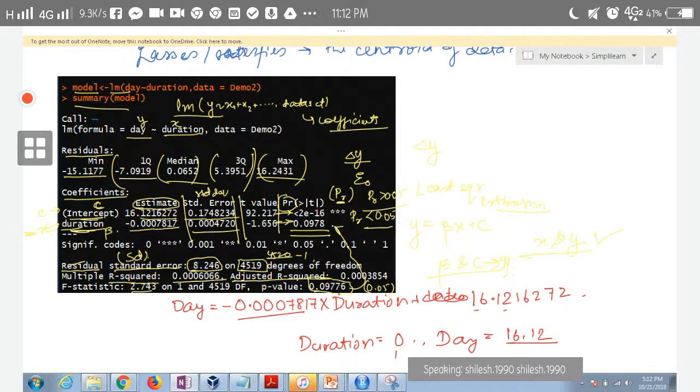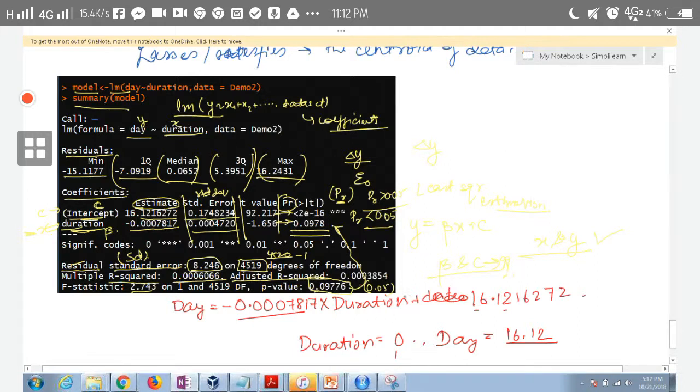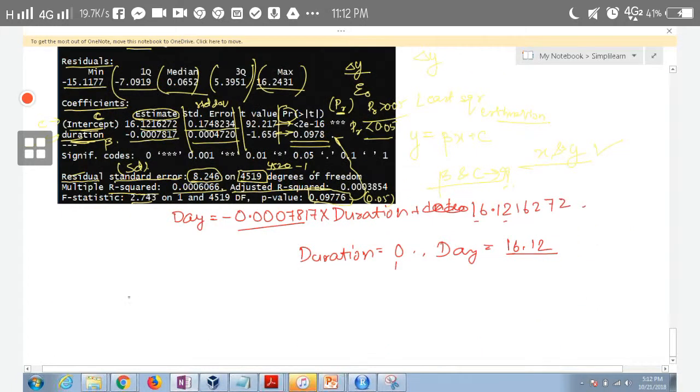Now we'll understand what is R square. R square is nothing but the square of R. Wow, beautiful. This is a remarkable line in my entire history. I have never said such a beautiful line. What is R square?